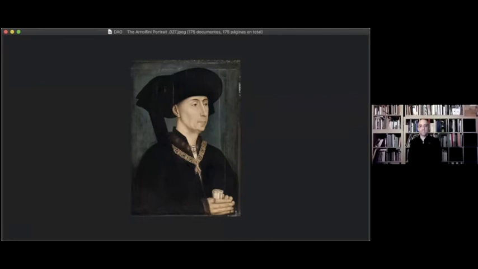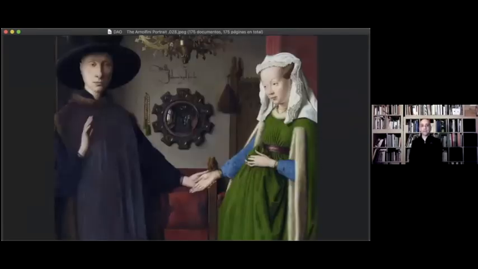And then a new document was discovered in the archives in Bruges, the official marriage document of Giovanni Arnolfini and Giovanna Cenami, published in 1997, and this showed when they were married: in 1447, 13 years after the painting was made. So you couldn't have a wedding portrait of them as a man and wife in 1434, 13 years before. On the other hand, Jan van Eyck died in 1441, and the real wedding was in 1447, 6 years after Van Eyck's death.